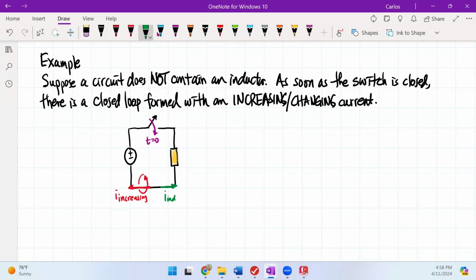And so now this magnetic field is going the other direction. So this is B induced, and then right here you have B increasing. So it even happens around a closed circuit with no inductor.